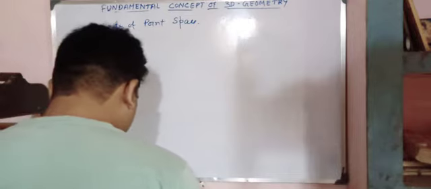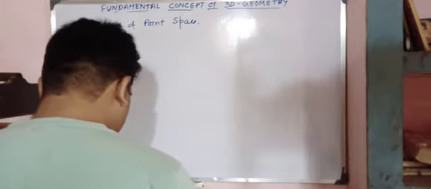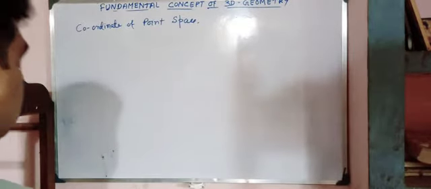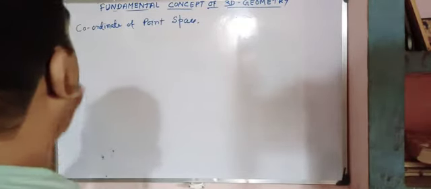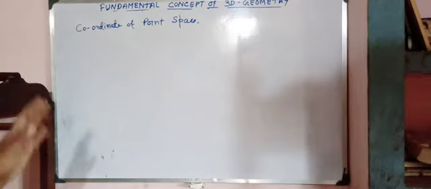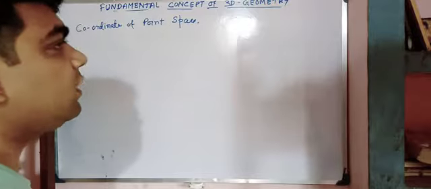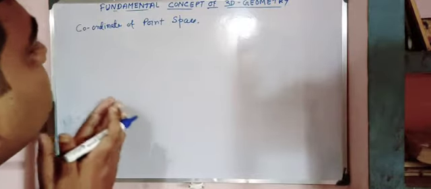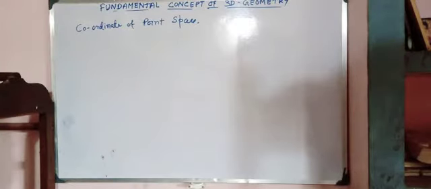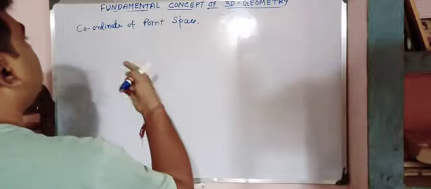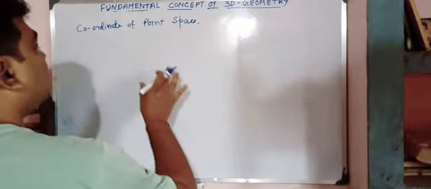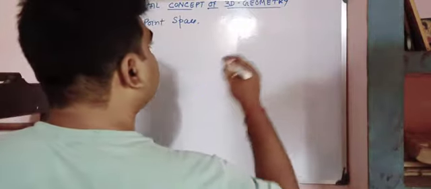Now, as we earlier told, in three-dimensional geometry there should be three axes. Each axis is called one dimension. So for the coordinate of a point in space, to know about that, first we have to note the coordinate axis.